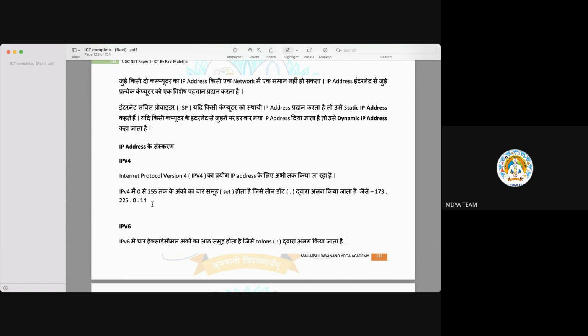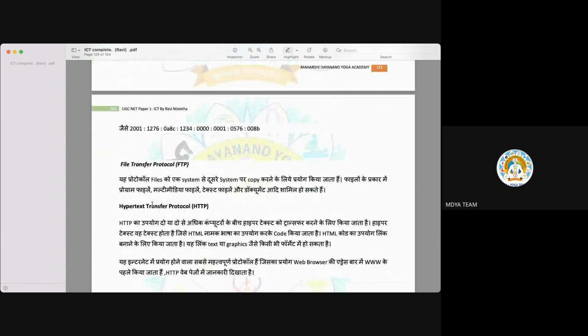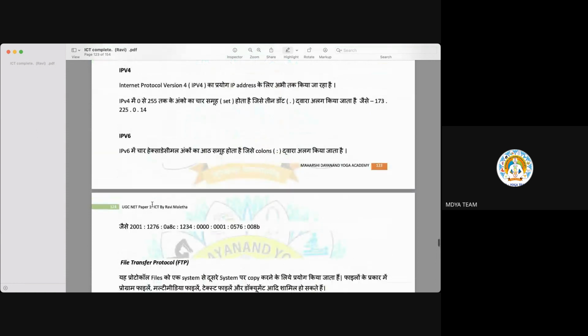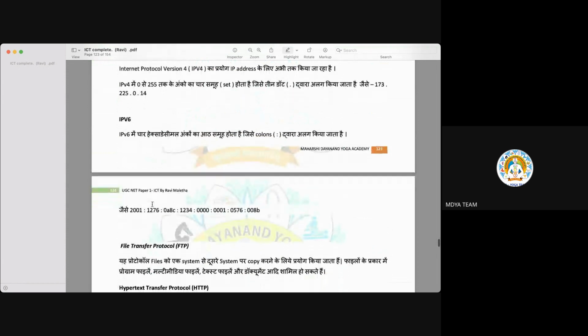Now again we need some protocol for how to send and how to receive the file. This TCP model is divided into four. Here it is also given IPv4, IPv6.